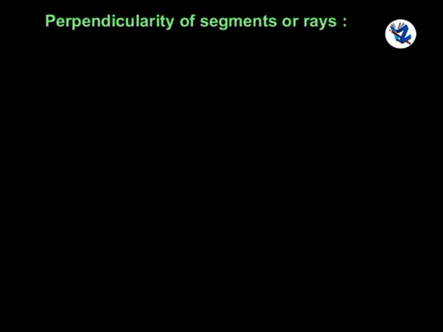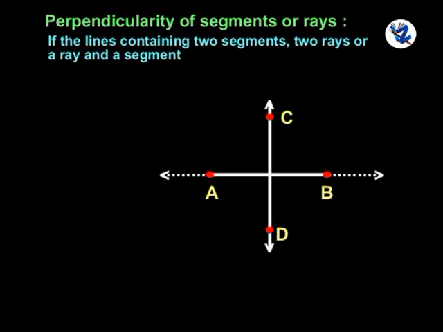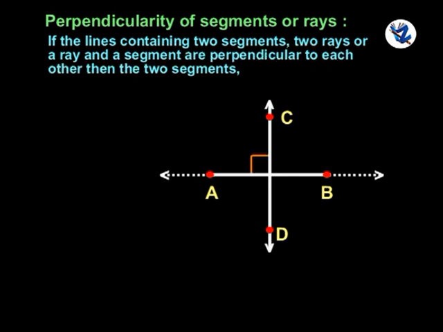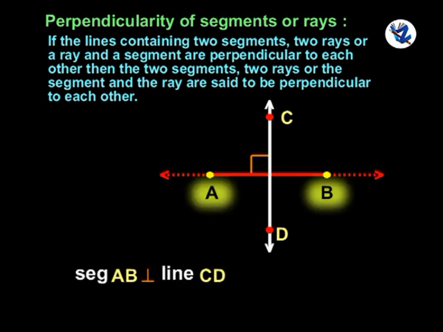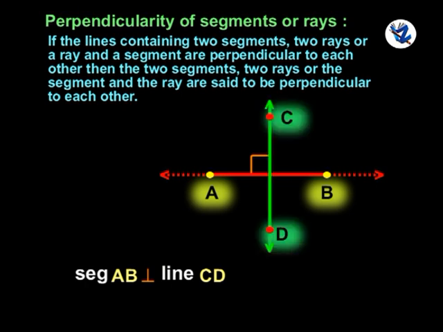Then perpendicularity of segments or rays. If the lines containing two segments, two rays, or a ray and a segment are perpendicular to each other, then the two segments, two rays, or the segment and the ray are said to be perpendicular to each other. Here, seg AB is perpendicular to line CD.